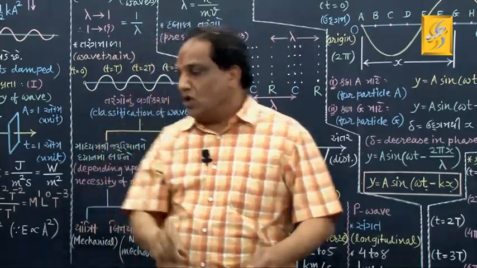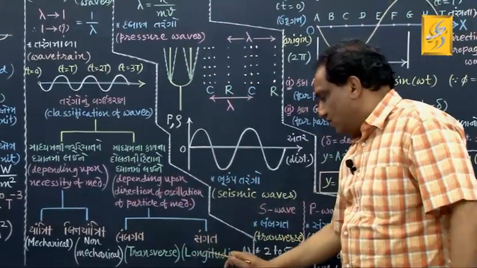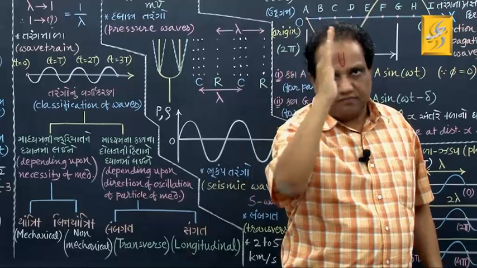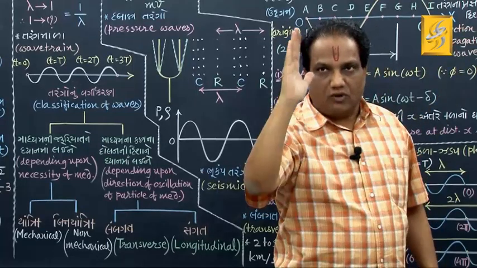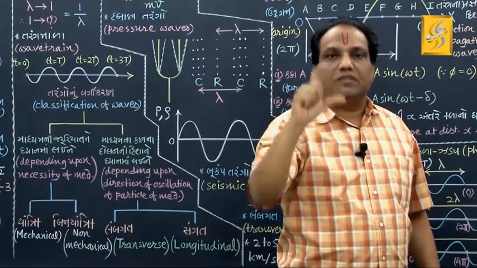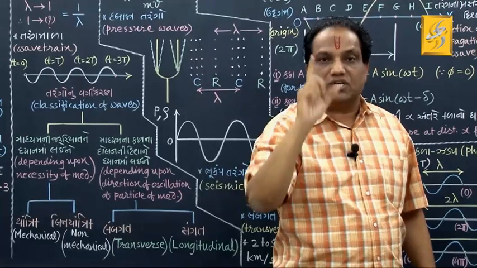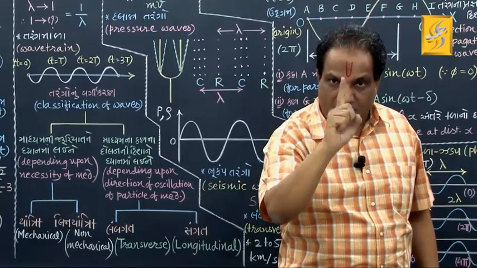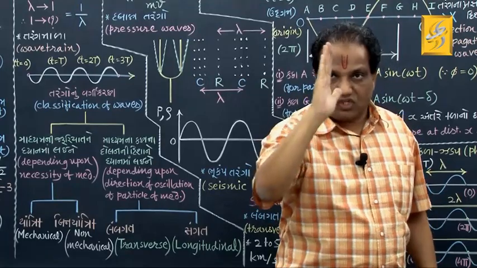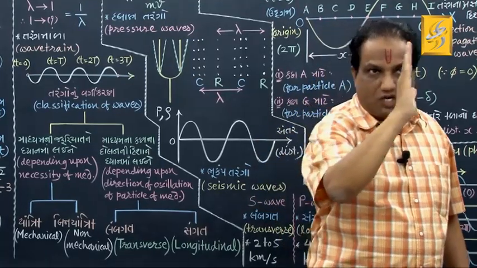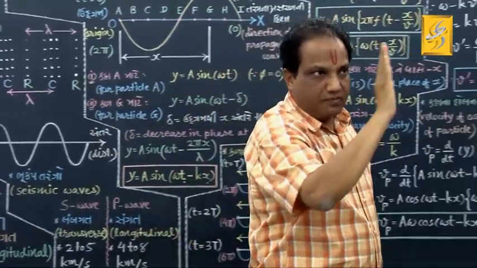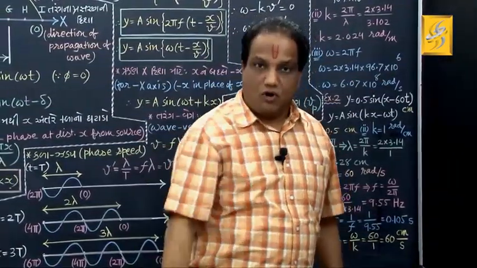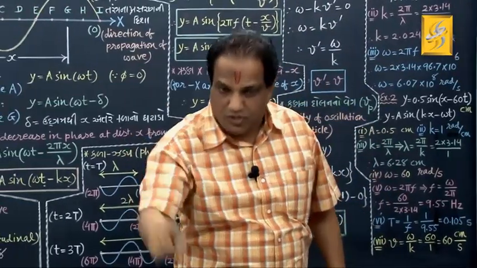Okay? What about longitudinal waves? During the propagation of sound waves in air, it so happens that along the passage of sound waves, the phenomena called condensation and rarefaction take place. And during condensation and rarefaction, particles of the air medium oscillate to and fro like this, that is, parallel to the direction of propagation of the sound wave. Such waves are called longitudinal waves.